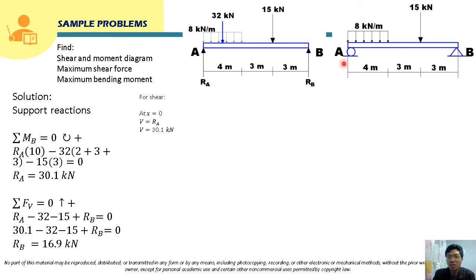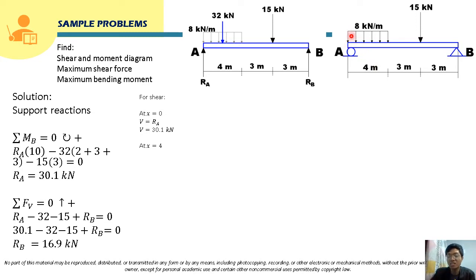Now, for the next point, that is at distance 4 meters from the left. At x is equal to 4, we are going to solve for the shear. We are going to use the previous shear, which is 30.1, and then for the loading here, we are going to sum up this previous shear to the loading.